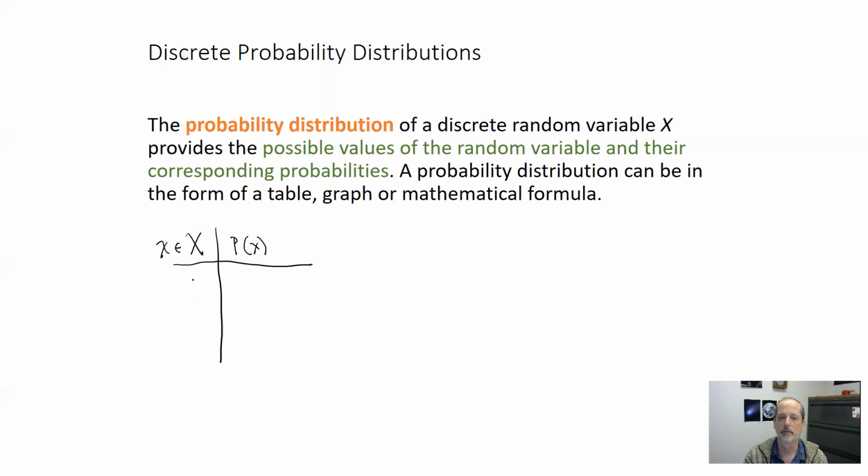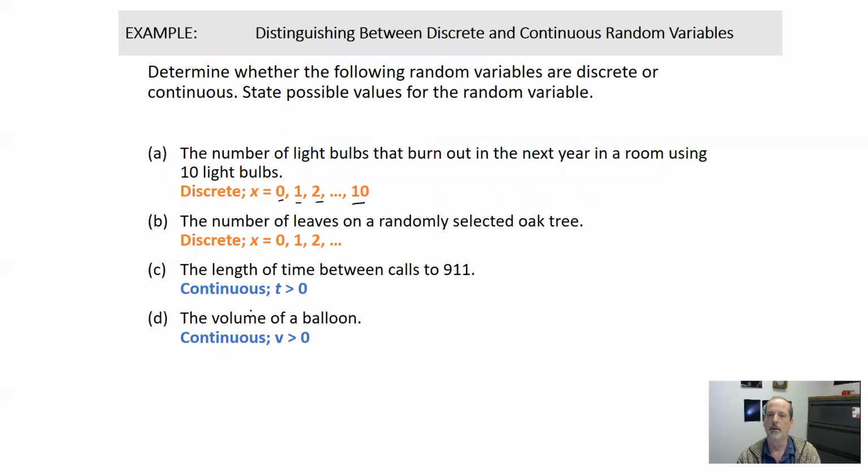So let's say that we're doing the light bulbs. Remember, we had 0, and there were only 10 bulbs in the room. But then if we measure the probabilities, let's say that the probability of 0 bulbs is pretty high.